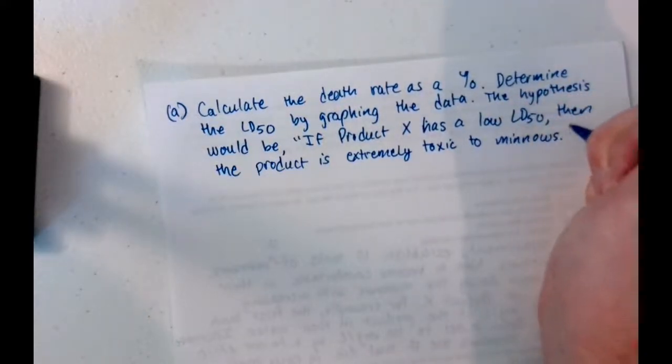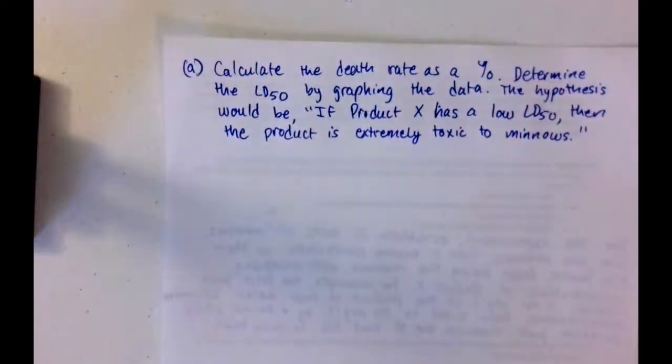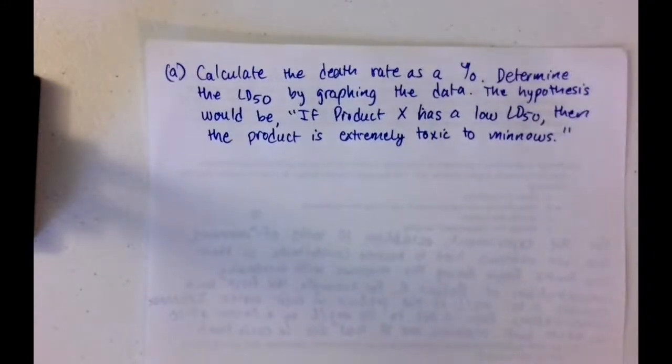And again, this is just my experiment. You can have any hypothesis you want as long as it is testable. And when I say testable, that means that you have to have some way to test your hypothesis. You also have to state it in an if-then statement.